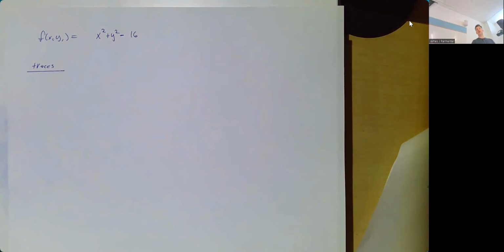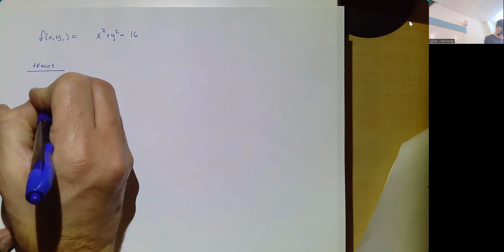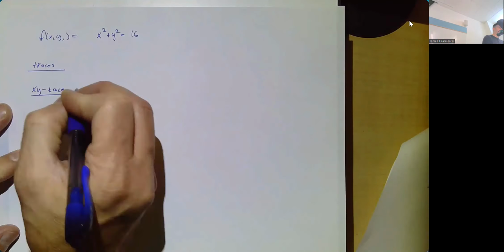Here's the thing I want to remind you all to remember. If you're finding the variable trace, then you're letting the missing variable equal 0. So if I want to find the xy trace, what am I going to let equal 0?